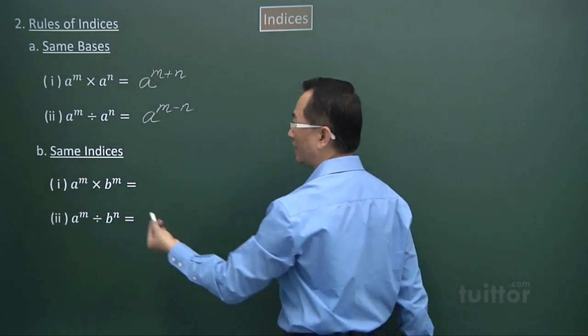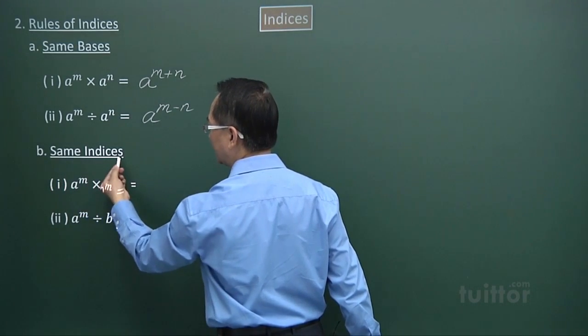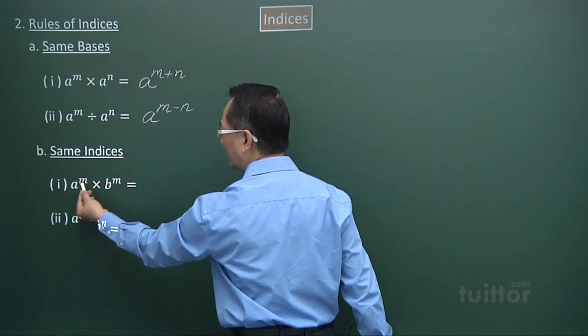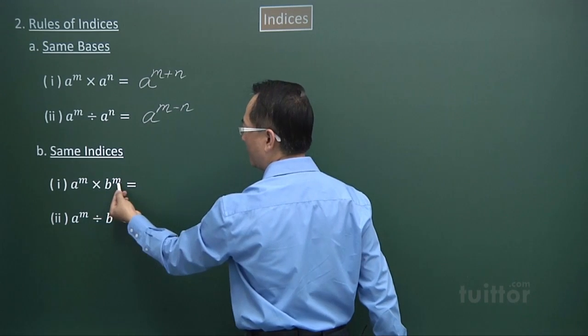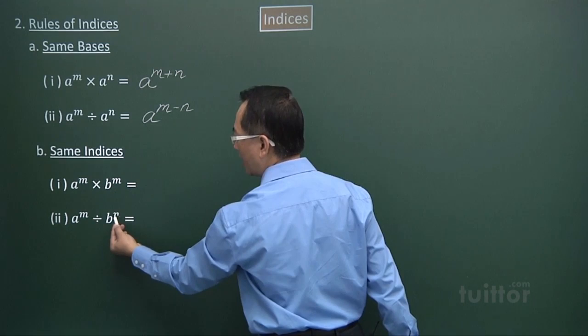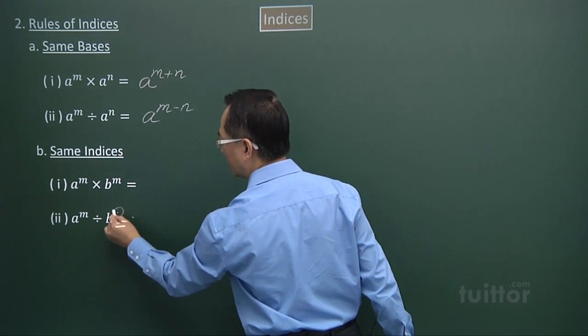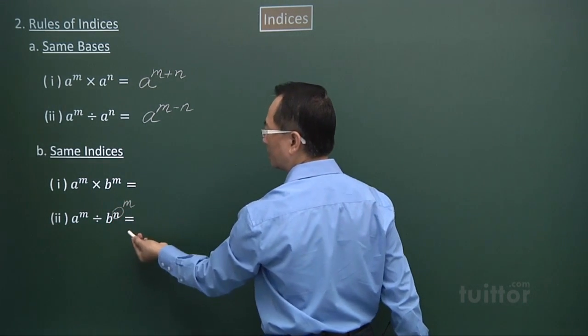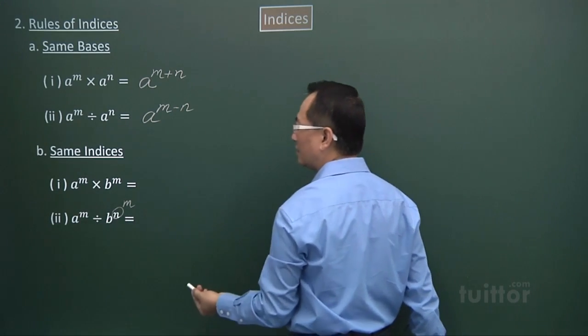Next, we look at part B, same indices. Part 1, m, same indices. Part 2, m, same indices.